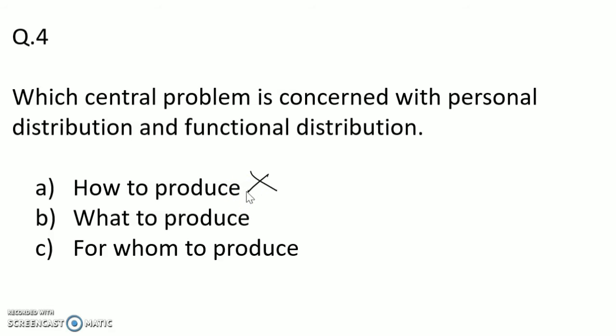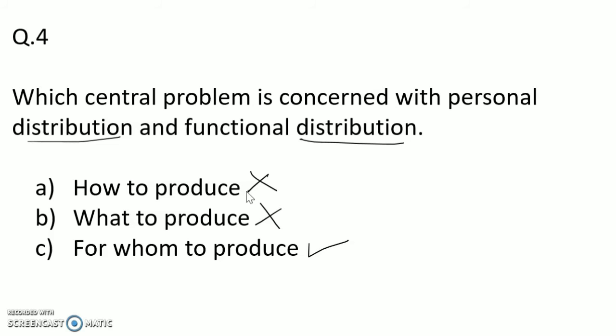Then what to produce? That involves selection of goods and services to be produced and the quantity to be produced. So that also is not the answer. Here, when you see the term distribution, the answer is for whom to produce.